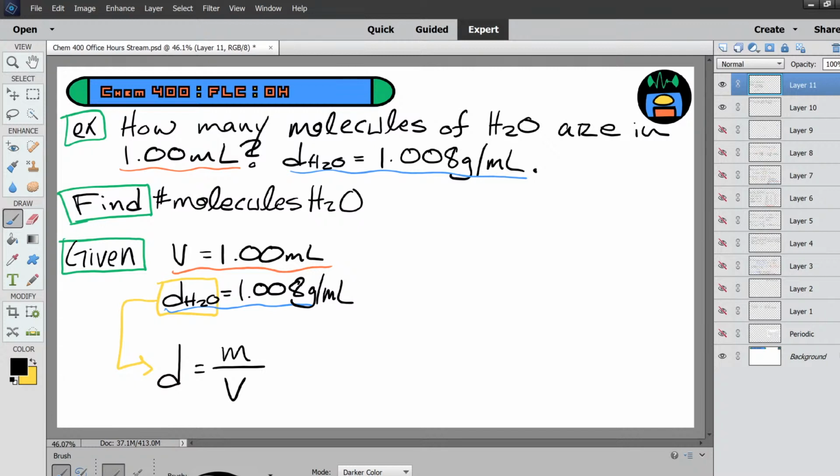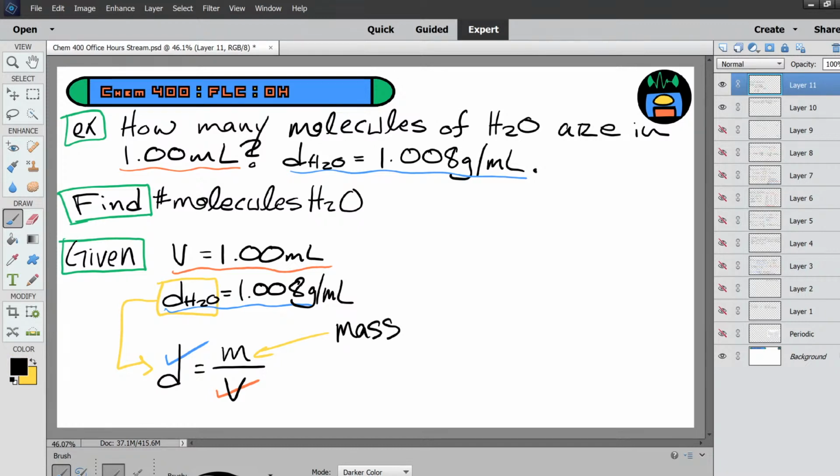Now, let's look at this equation. In this equation, we've been given density. We've been given volume. So this equation allows us to solve for mass.